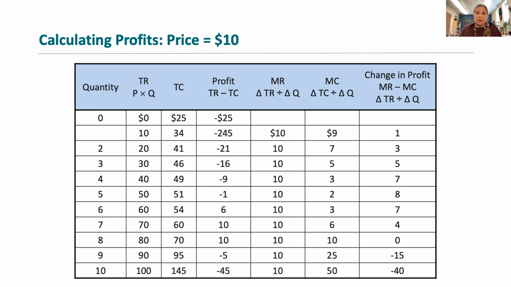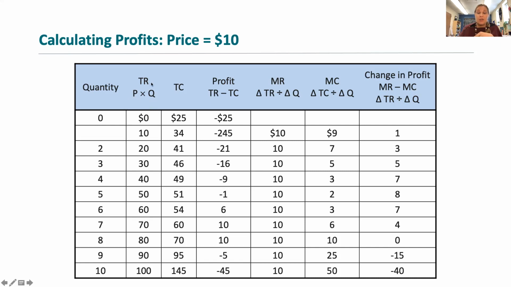So here's a table with all the information that we've done before for Mr. Plow. Let's go column by column. In the far left column, this is the quantity of output, so maybe this is the number of driveways plowed. In the next column, we've got total revenue. The assumption listed at the top is that the price of a single plow is $10.